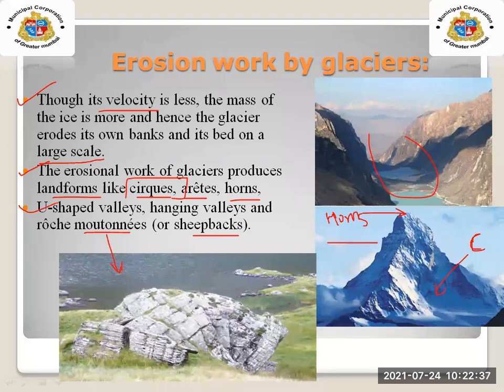Yes, after the snowfall, the snow doesn't start flowing immediately like water. First it gets deposited. Keep this in your mind, students. Whenever there is a snowfall, it doesn't run like water. The snow first gets deposited in place, and then it will start moving slowly.